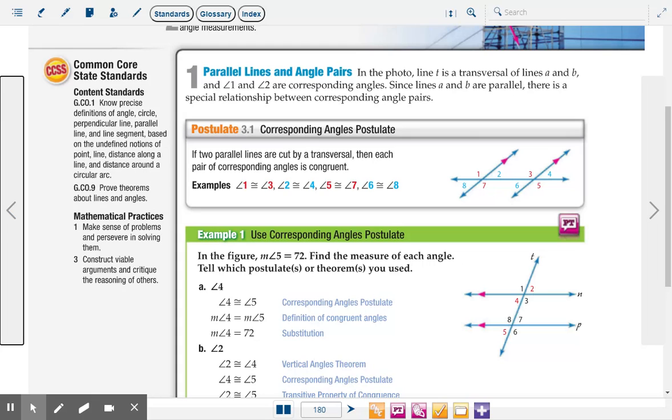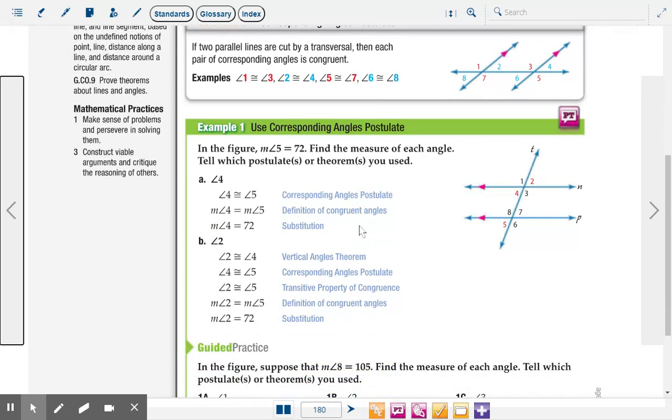Well, what kind of angles are 3 and 7? They're alternate interiors. So alternate interior angles are always congruent. All right, well, all kinds of other stuff is going to happen. Let's just leave it there for a moment, and let's just look at this example.